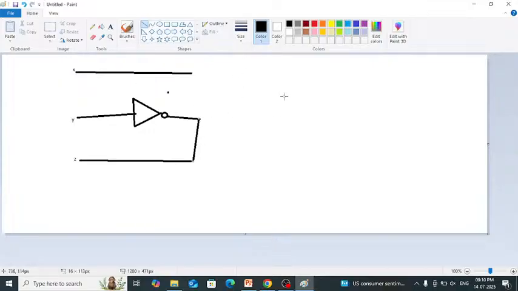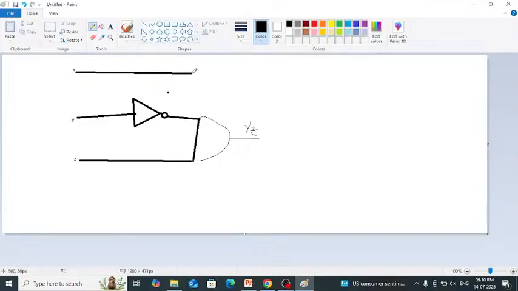Shapes I require. I'm not able to do the shape. Okay, so this is the output, Y bar Z we got.